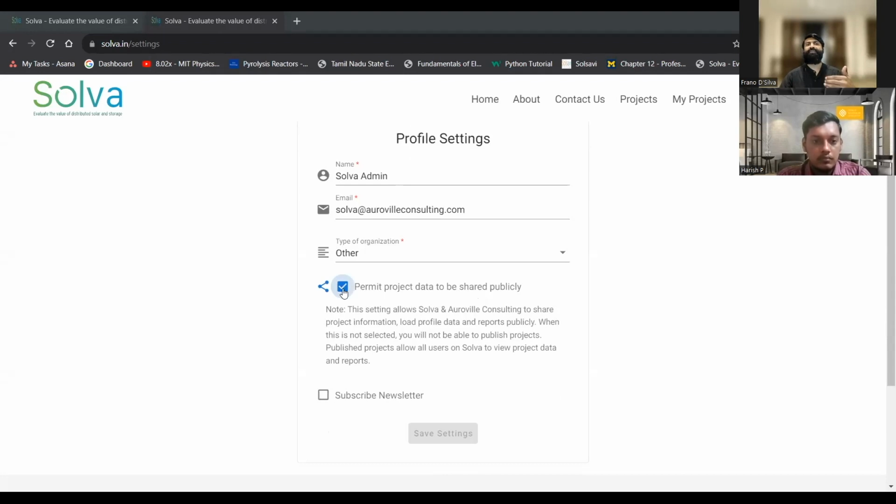So if you have not selected this, let's say for 1 month you wanted your privacy, then whatever data you have uploaded during this time will not be shared. But the moment you activate this and you save the settings, then whatever data you upload henceforth will be public. I hope that is what you asked?